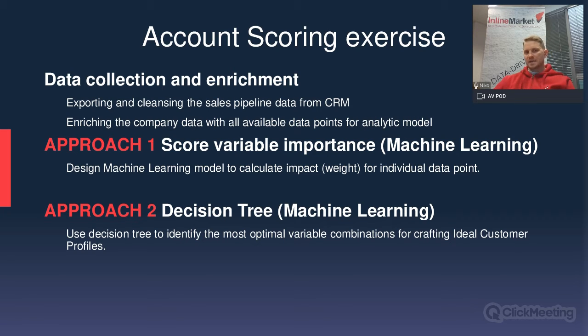In the latter exercise, approach 2, we also used a machine learning approach, a decision tree, which is a little different, where you are constantly splitting your data set, trying to narrow down the optimal companies, or practically not the companies, but the features of the companies.